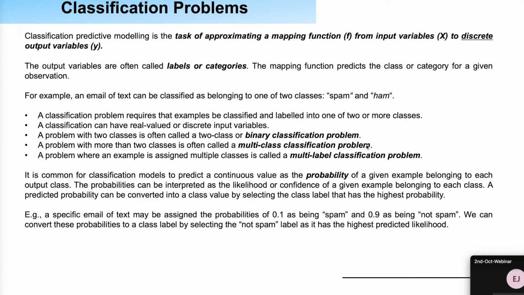Now we come to today's topic, which is classification problems. We will touch upon a couple of different types of problems. So let's say, for instance, there are a couple of very common cases that I use while teaching machine learning. One such example is prediction of house prices.